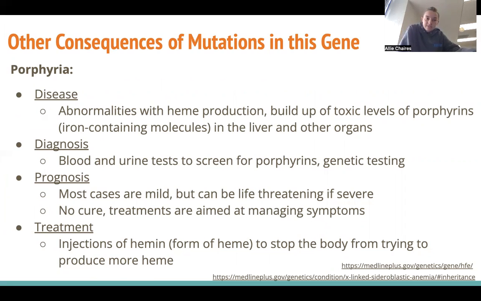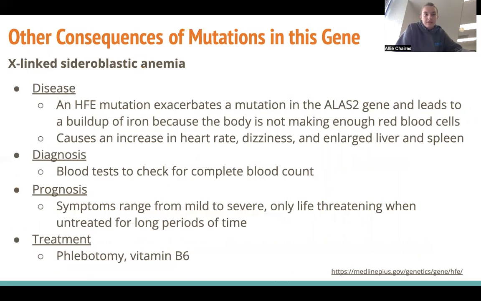The diagnosis is found through blood and urine tests to screen for porphins, genetic testing. The prognosis is most cases are mild but can be life-threatening if severe. There is no cure. Treatments are aimed at managing symptoms. The treatment is injections of hemin, a form of heme, to stop the body from trying to produce more hemoglobin.